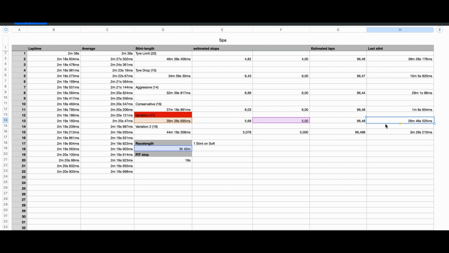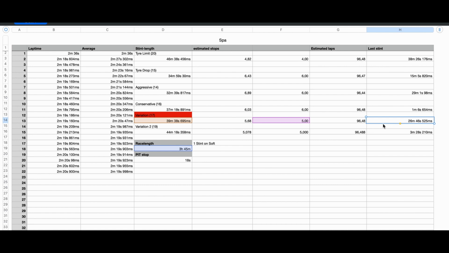So considering all of these factors, it's the most comfortable strategy to pick, and a very open strategy where, if you see that your opponent is driving pretty much the same pace, you can still somehow switch to a strategy with 1 stop less, or you can still try to undercut him to get the upper hand.